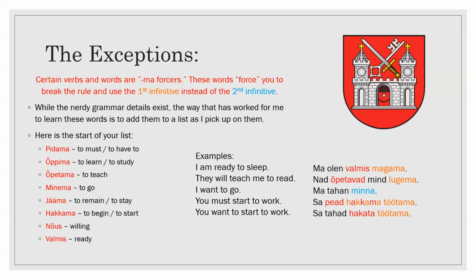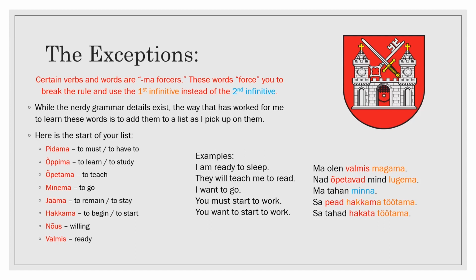You must start: "sa pead hakkama". Well, "hakkama" is being forced into the first infinitive, so it's being acted on by one of these MA enforcers, but now it's also an MA enforcer, so it's going to force the next verb in the sentence to be in the MA infinitive. That's why next we have "töötama", the work. So "sa pead hakkama töötama". You must start the work.